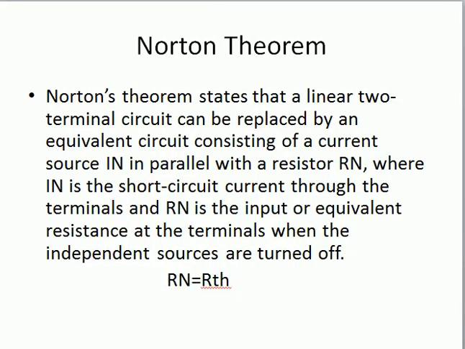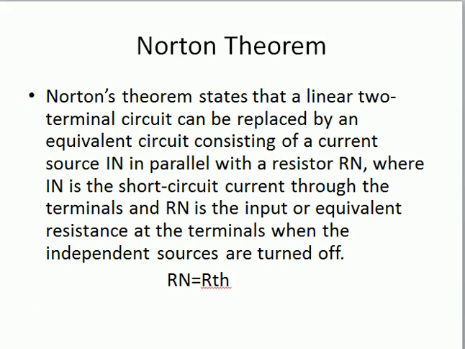Basically the Norton theorem states that a linear two-terminal circuit can be replaced by an equivalent circuit consisting of a current source IN in parallel with a resistor RN, where IN is the short circuit current through the terminals and RN is the input or equivalent resistance at the terminals when the independent sources are turned off.